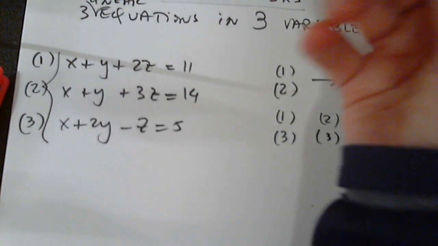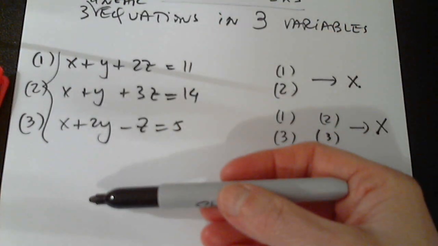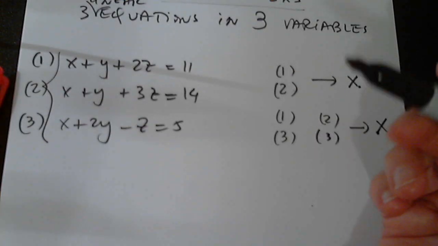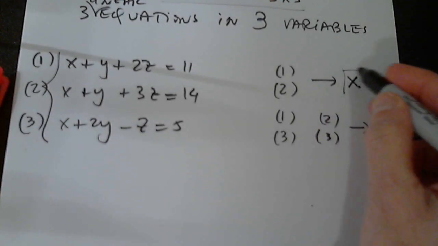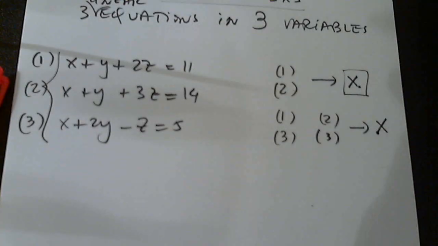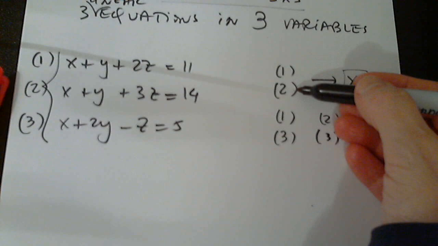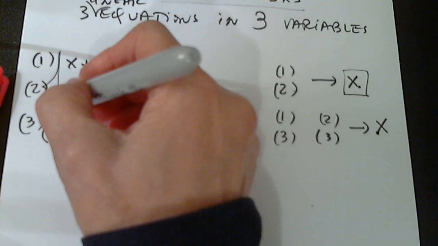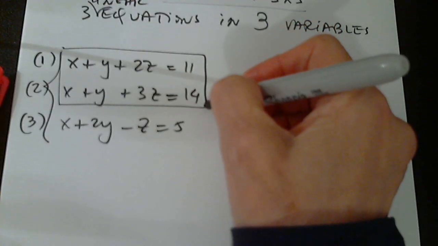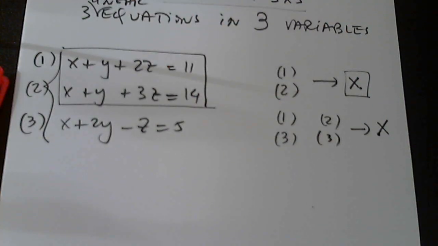So let's look at all these and decide which two equations to pick. And let's say, stick with the plan, eliminate x. So if I choose 1 and 2 first, and I want to eliminate x, what should I do?